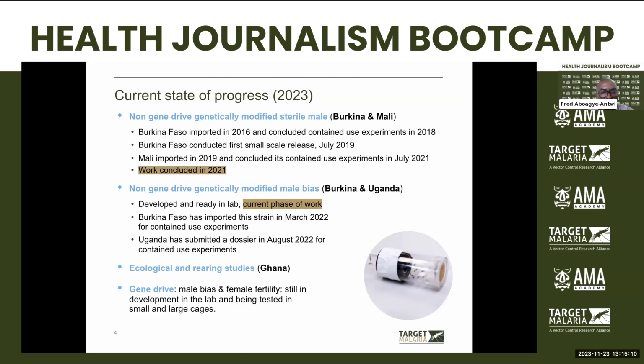It is in that context that in Ghana, we are working on the ecology of these mosquitoes, and I'll give details of our work pretty soon. With the gene drive approach being used by Target Malaria, these are the male bias and the female fertility approaches. They are still being developed in the lab and still being tested in small and large cages.